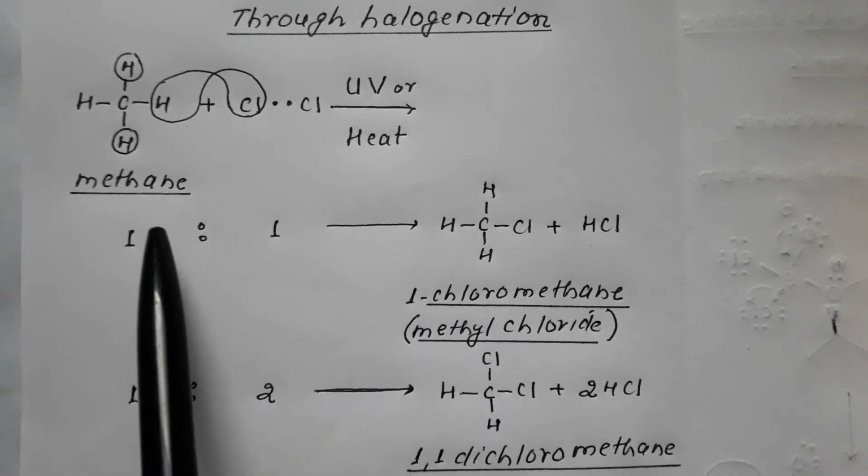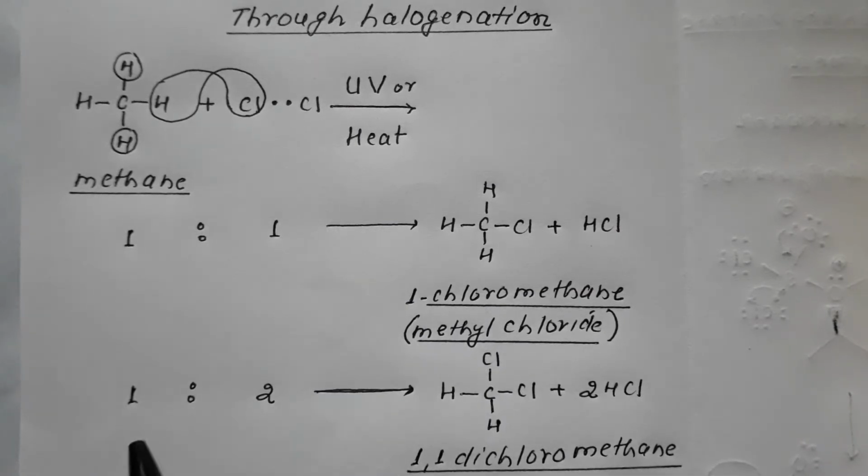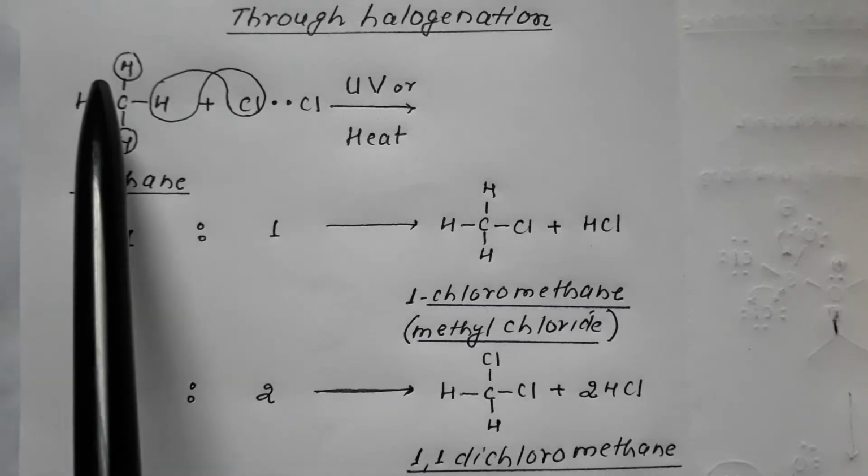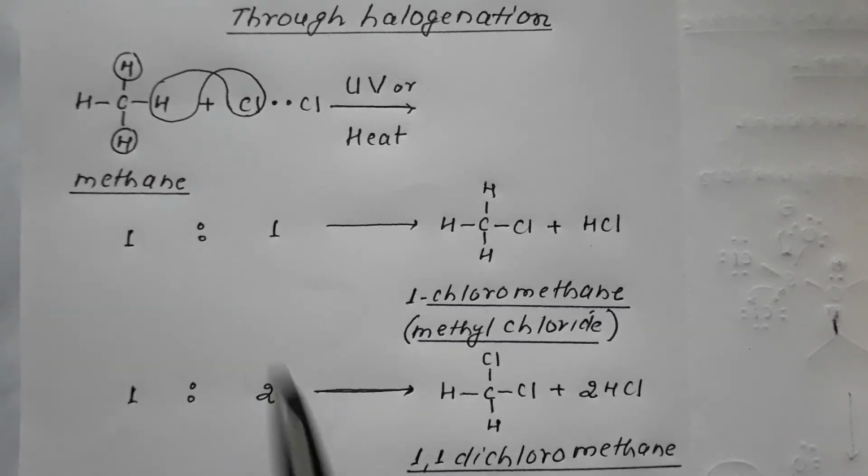If methane reacts with chlorine in the ratio 1:2, one molecule of methane reacting with two molecules of chlorine, it results in replacement of 2H, giving CH2Cl2.